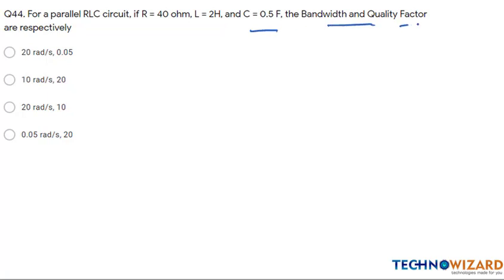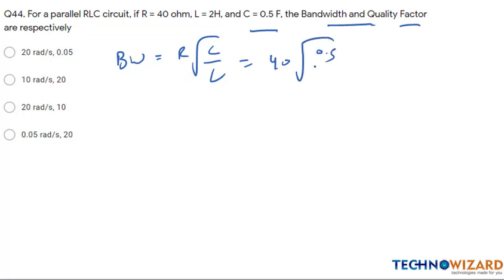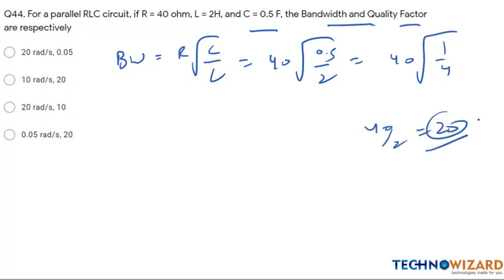You have to find the bandwidth and the quality factor. Now bandwidth for a parallel resistance is given by 1 upon RC... here R is 40, C is 0.5 upon 2. Now 0.5 upon 2 will be 1 by 4, then 40 upon 2 will be 20.